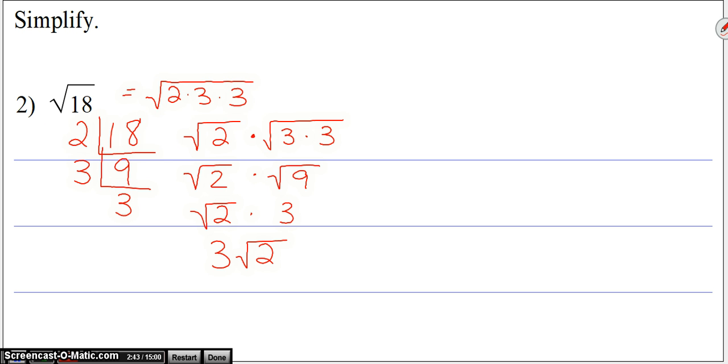And so this seems like a really long drawn out process, but let me show you a shortcut. If we were to take the same square root of 18 and write it as a product of prime factors, what we need to do is look for factors that pair. Because this is a square root, I need factors in groups of 2.